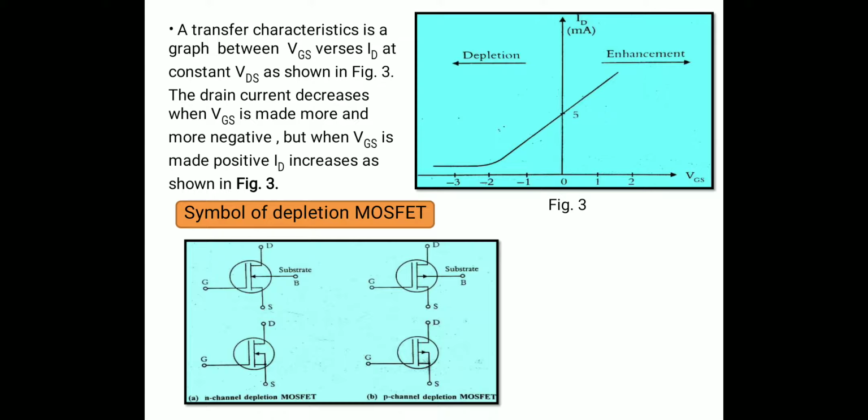But in the case of depletion MOSFET, whether voltage is applied or not applied to the gate, the channel is already there. So, the channel is shown by a continuous line. The arrow on the substrate pointing towards the channel represents N channel depletion MOSFET. And if the arrow on the substrate is pointing away from the channel, it will represent P channel depletion MOSFET.